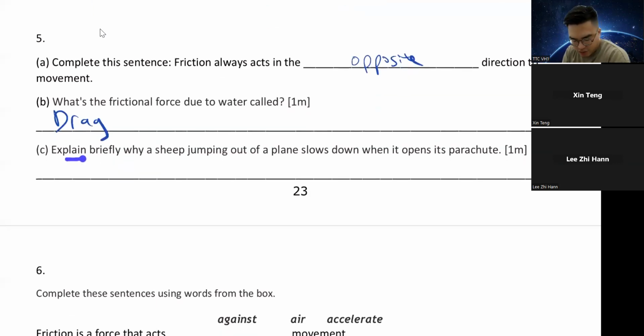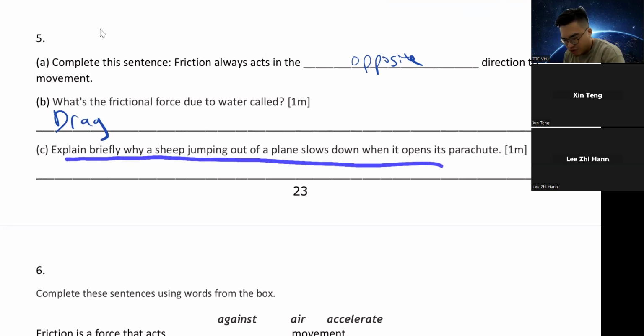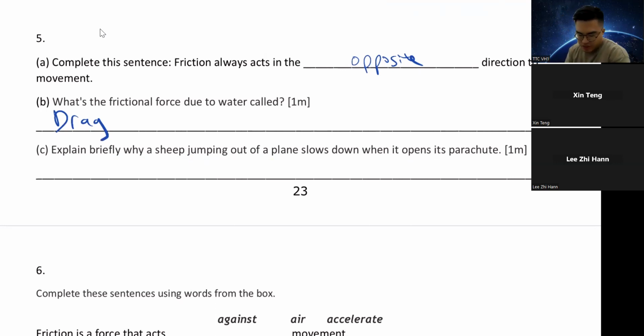So C, explain briefly why a skydiver jumping out of a plane slows down when it opens its parachute. Okay, when it's open, its parachute. So now you have the same speed between the up thrust and weight.